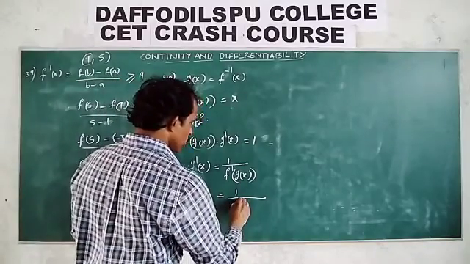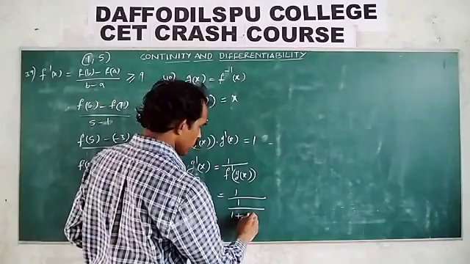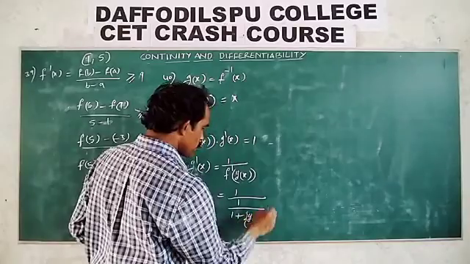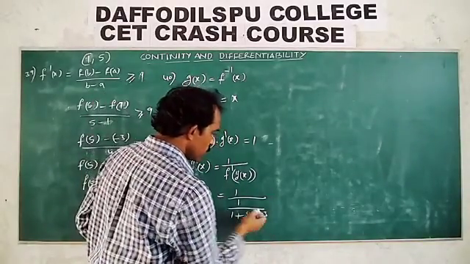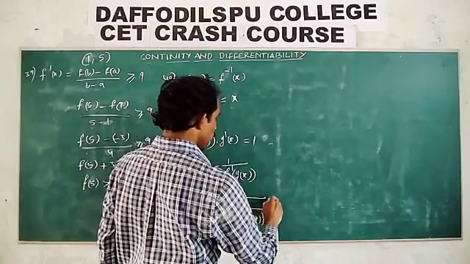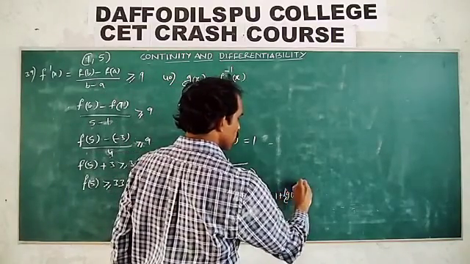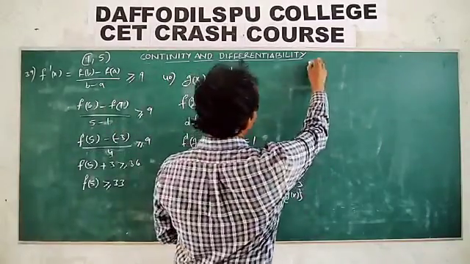Placing g of x, it is 1 by 1 plus g of x whole cube. Taking the reciprocal, this value is equal to 1 plus g of x whole cube. So the third option is the correct answer.